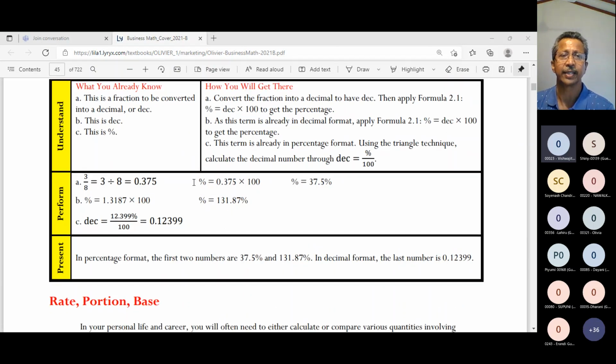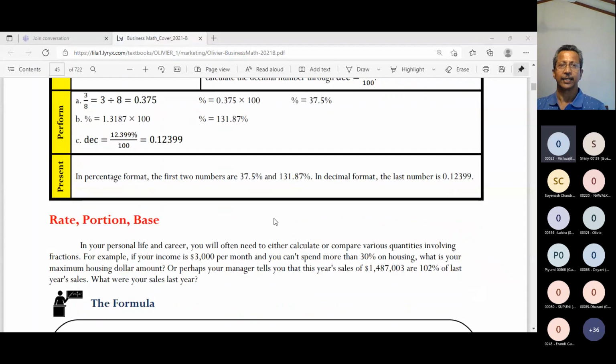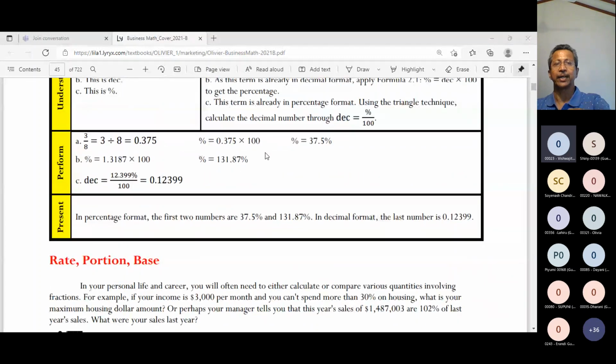This is how they explained it in the book, how to do it. I didn't use the formula; you have to remember to multiply by 100 or divide by 100, depending on which way you are converting.